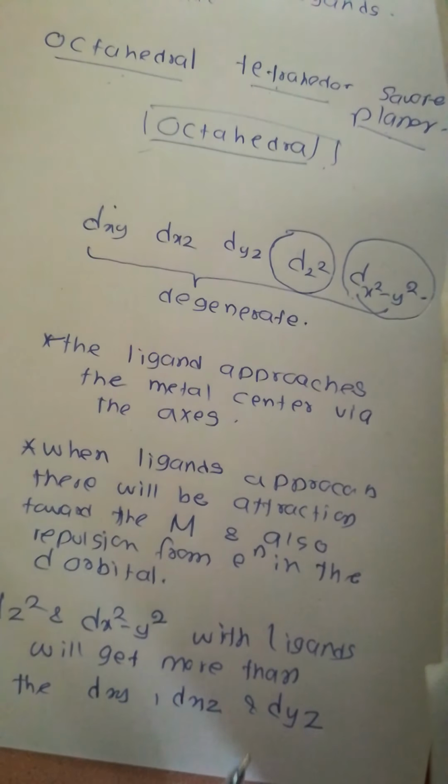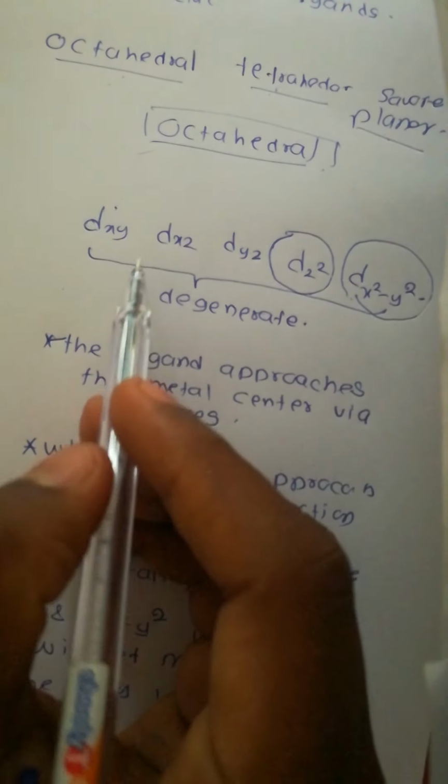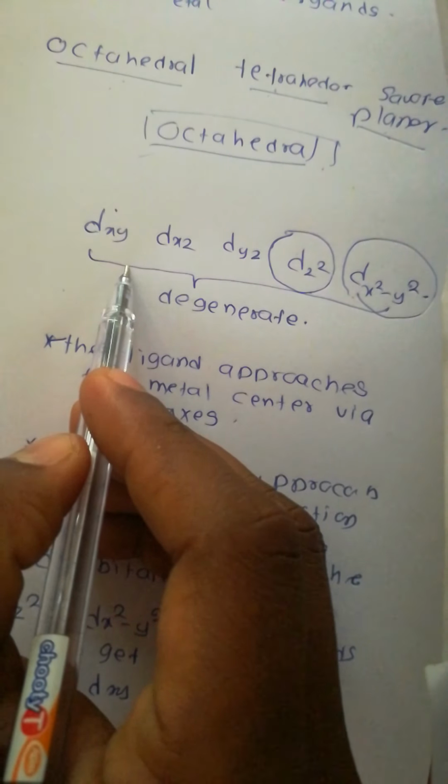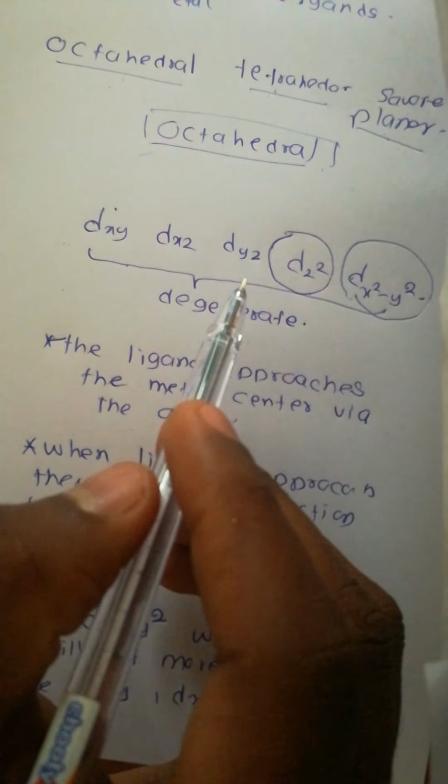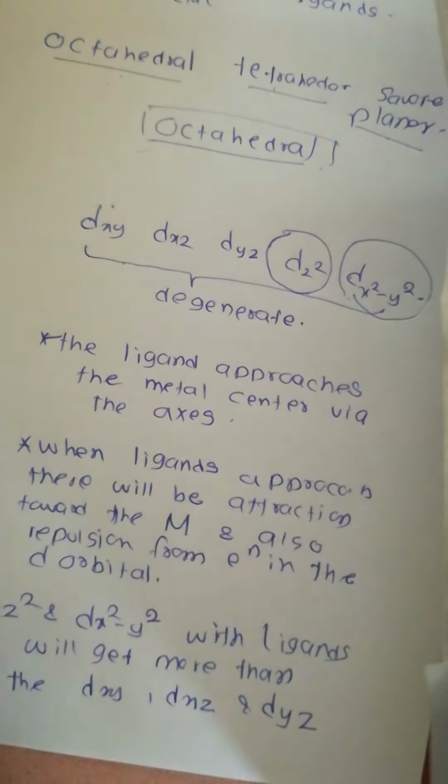Due to that, the degenerate d orbitals get separated into two portions, because we have five orbitals with the same energy.